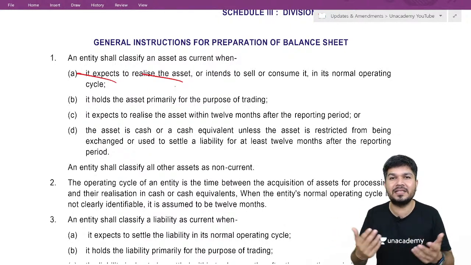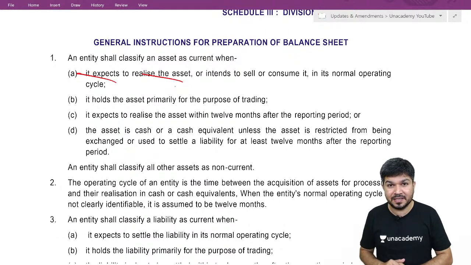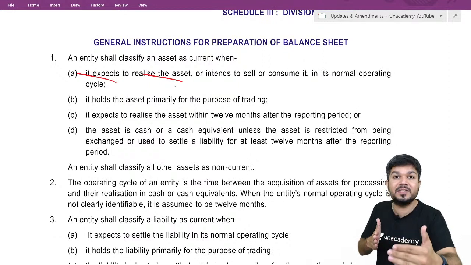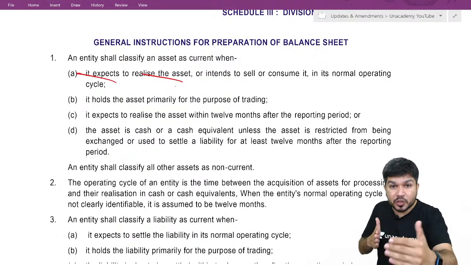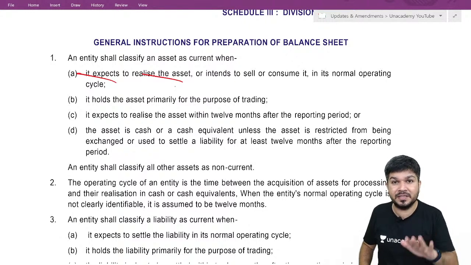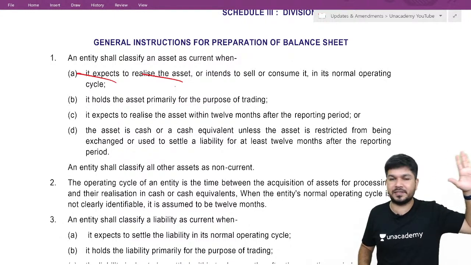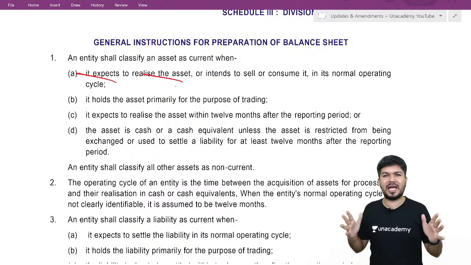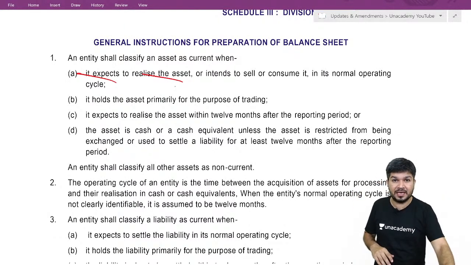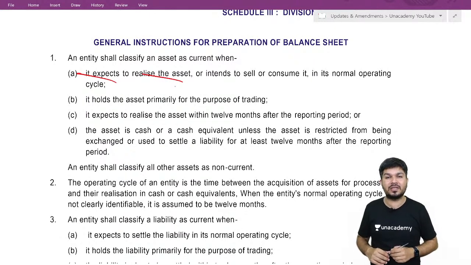But a non-cancelable FD, if it is not cancelable for 12 months after the reporting date, then they will not be a current asset, they will come under non-current asset. And if question is silent, assume the FDs are non-cancelable. I repeat, if question is silent, assume the FDs are non-cancelable.